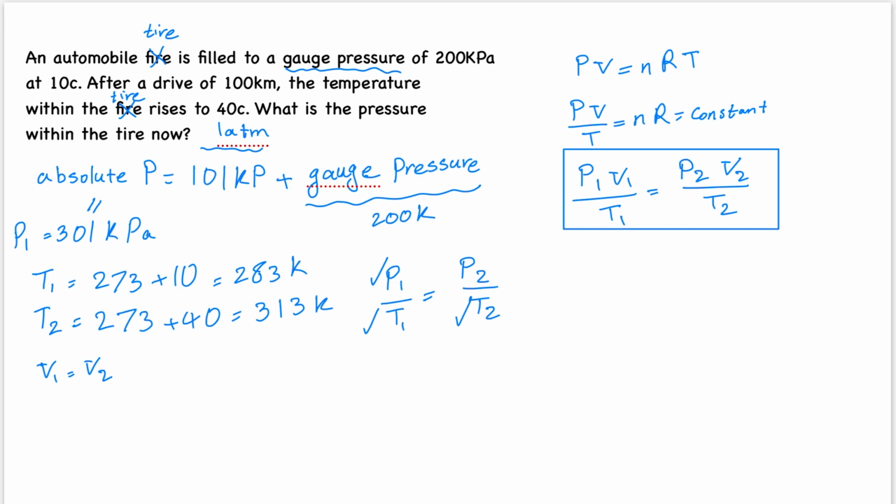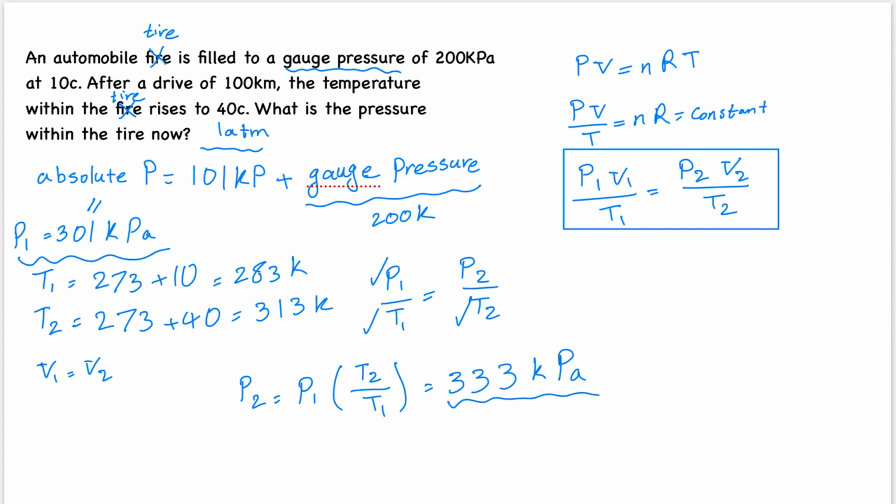Written out, P2 will be P1 times T2 over T1. If we substitute these values, we will get 333 kilopascals.